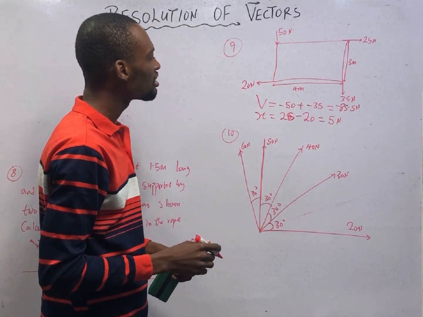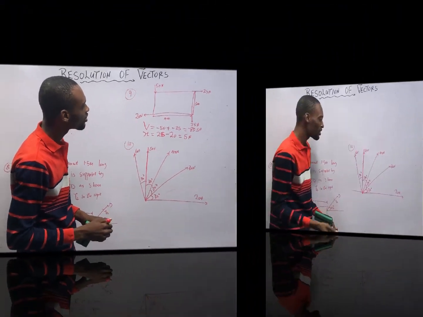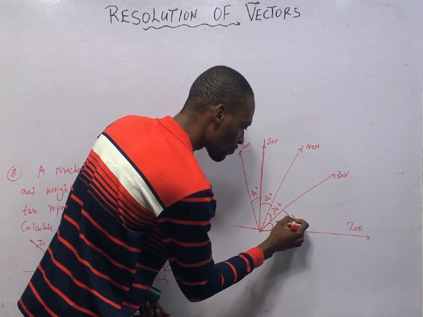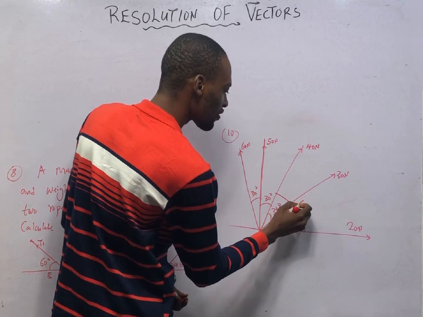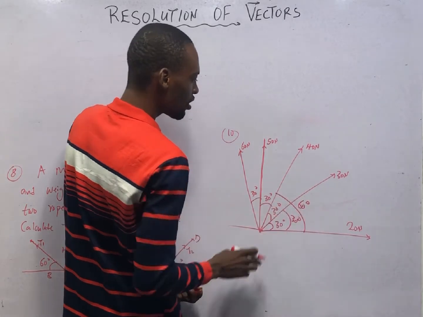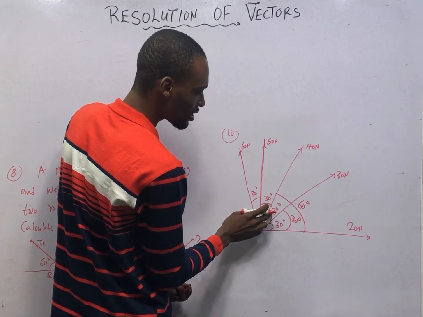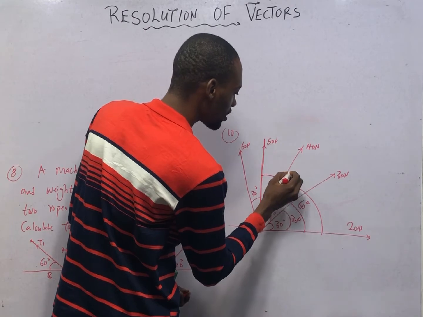Then the horizontal is 5 Newton. Here I made angle 30 degrees. 40 Newton makes an angle of 60 degrees. 50 Newton makes an angle of 30, 60 plus 30, 90 degrees.